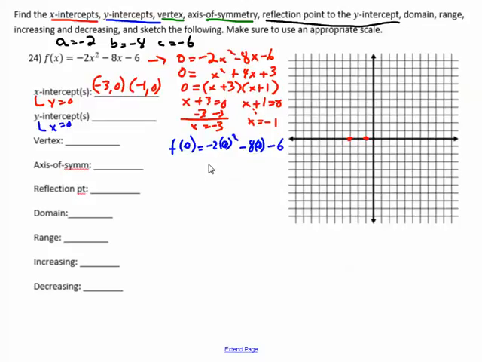So we're left with -6. F of 0 equals -6. My y-intercept is x equals 0, y equals -6, the point (0, -6).